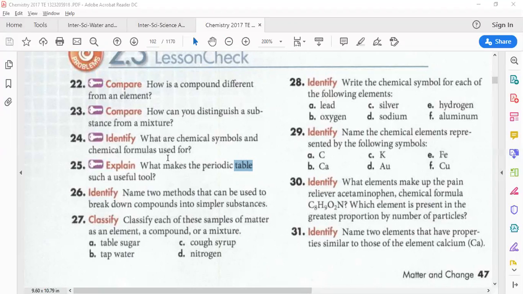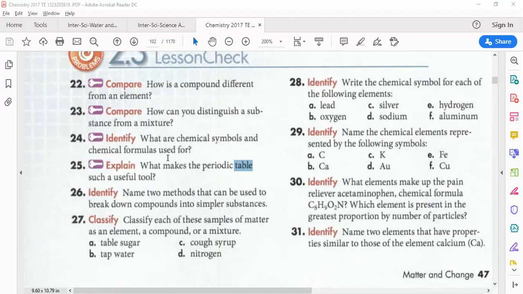24, identify what chemical symbols and chemical formulas are used for. Chemical symbols are used as abbreviations for the elements, and they are derived from the Latin names of the elements. The chemical formula is used as shorthand for the compound and the proportions between the elements inside the compound, or the fixed ratio for it.